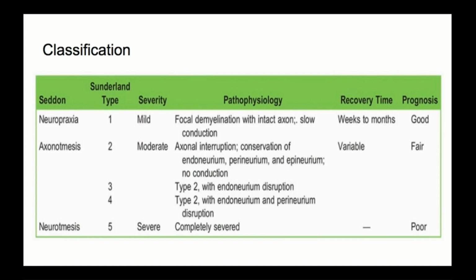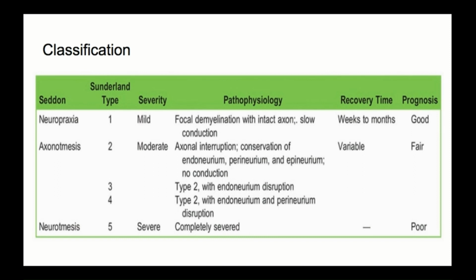However, it is only limited to the myelin sheath, and the rest of the nerve architecture is intact. So it could be due to excessive stretch or nerve compression. And as you can see from the table, neuropraxia is associated with the best prognosis as compared to other classes. And recovery is usually expected within weeks to months.